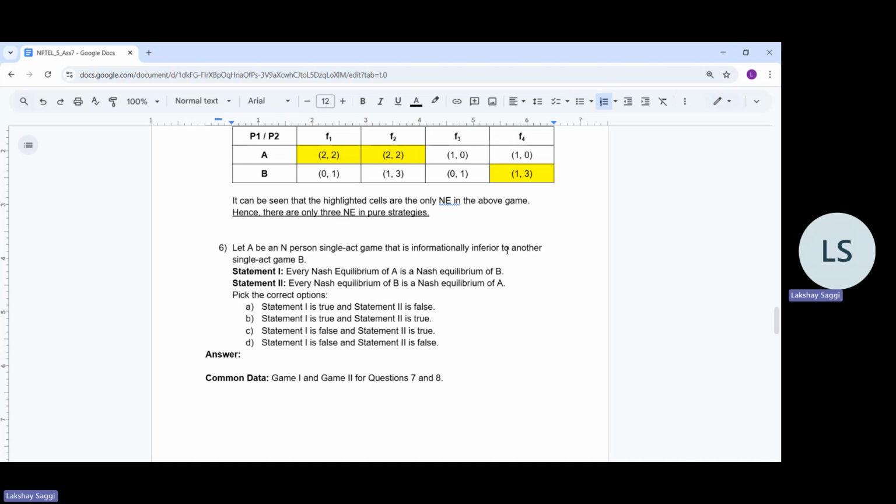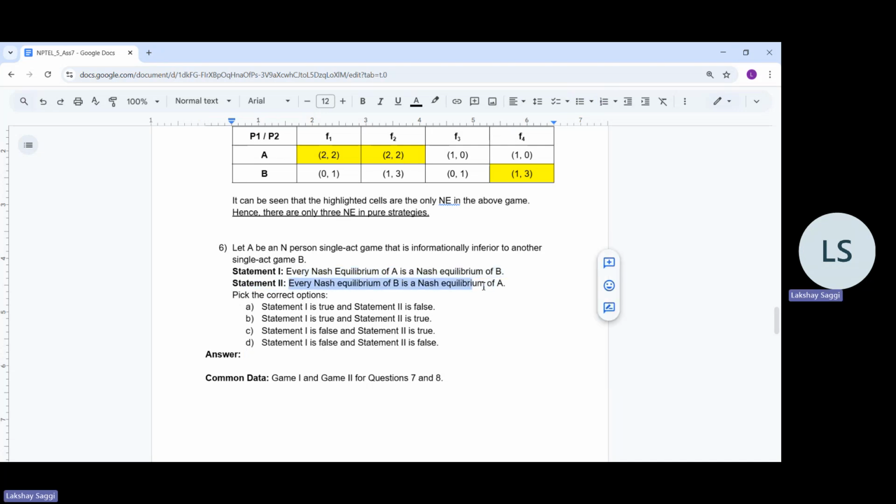So suppose in the game B there was a set of strategies which is better than the Nash equilibrium of the game A, then those strategies can be simulated as constant strategies in the game A. And so in game A, you will obtain something which is better than the existing Nash equilibrium. And that's why you can claim that any Nash equilibrium of game A will actually be a Nash equilibrium of game B. So statement one is true.